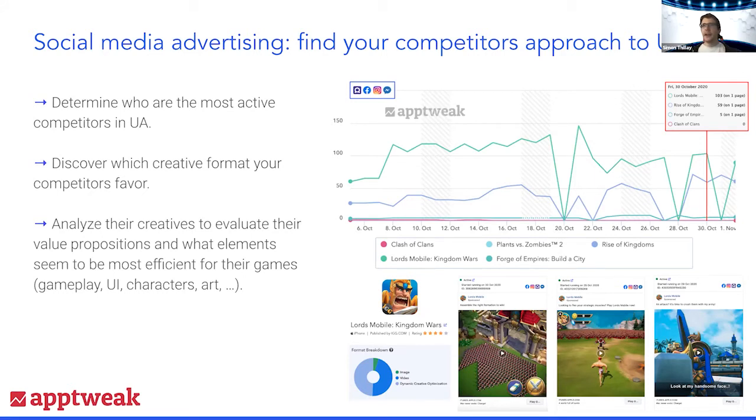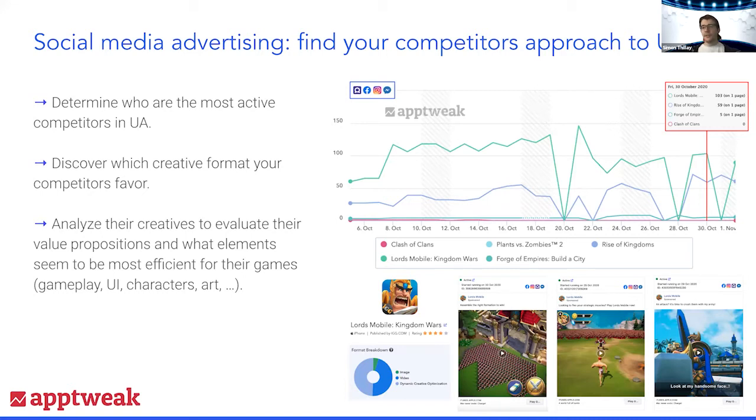And so here, the example came from Strategy Game, where I saw that Lords Mobile is very active when it comes to the number of creatives they're running, whereas Clash of Clans or Plants vs. Zombies are not running UA on Facebook-related channels. So focusing on Lords Mobile, I could also see that they're doing creatives that are mostly based on either dynamic creatives or video.